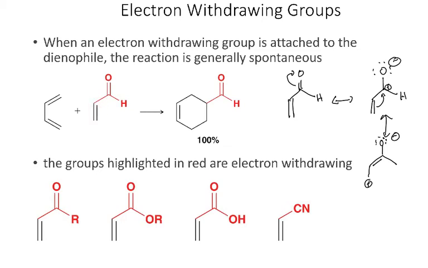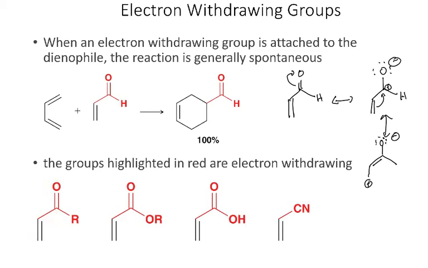By making the alkene more positive, we've withdrawn electrons, and that's why we refer to these as electron withdrawing groups. You'll see that all of these groups have the same thing in common. We've got a pi bond connected to a more electronegative atom than carbon, so I can do that first resonance structure where I move the pi bond up to the oxygen, and then I'll have an allylic carbocation.